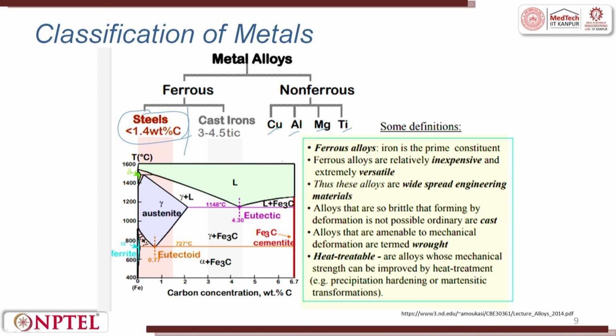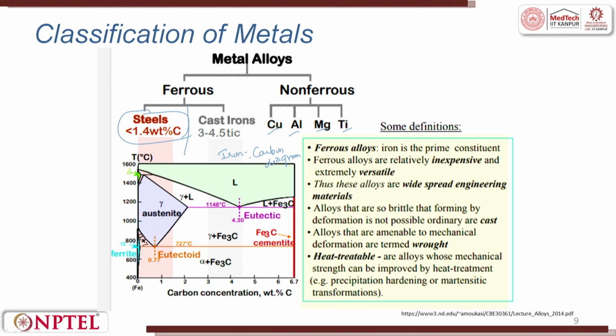So, this is a typical iron carbon diagram which is used for you to understand the material, what the different phases of the material are, and how you achieve them.